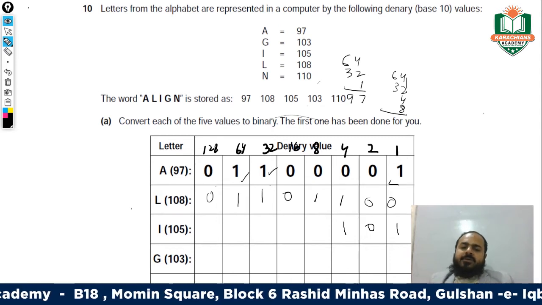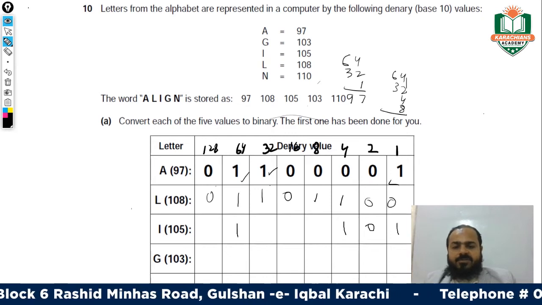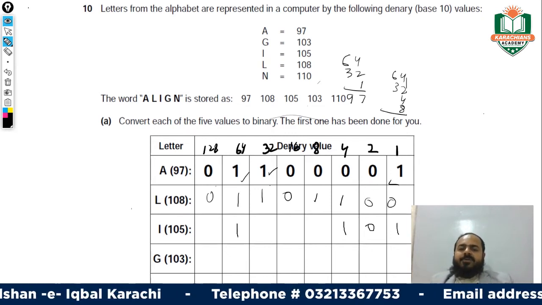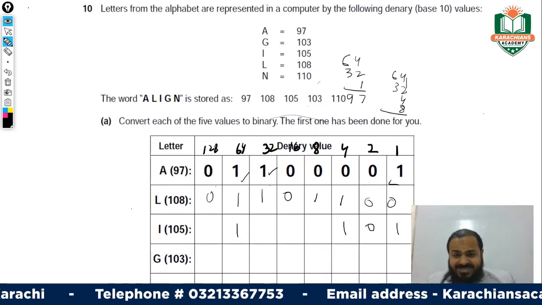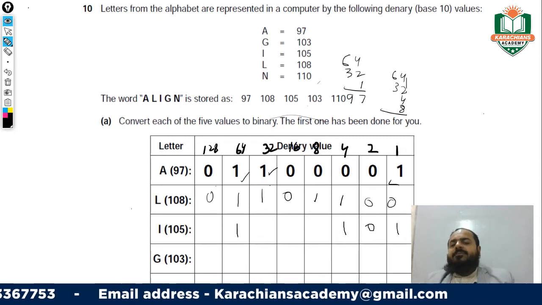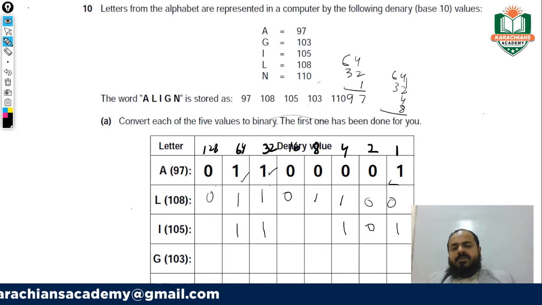And 32 plus 16 is 48, so we have to power on 64. And power on 16, so it becomes 80, and it becomes 88. So we have to power on 32 as well. So 64 plus 32 is 96, and 96 plus 5 is 105.